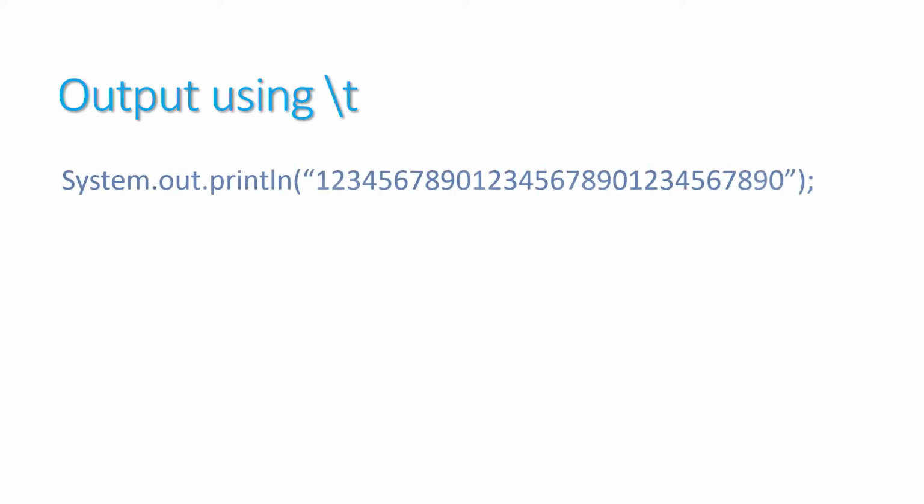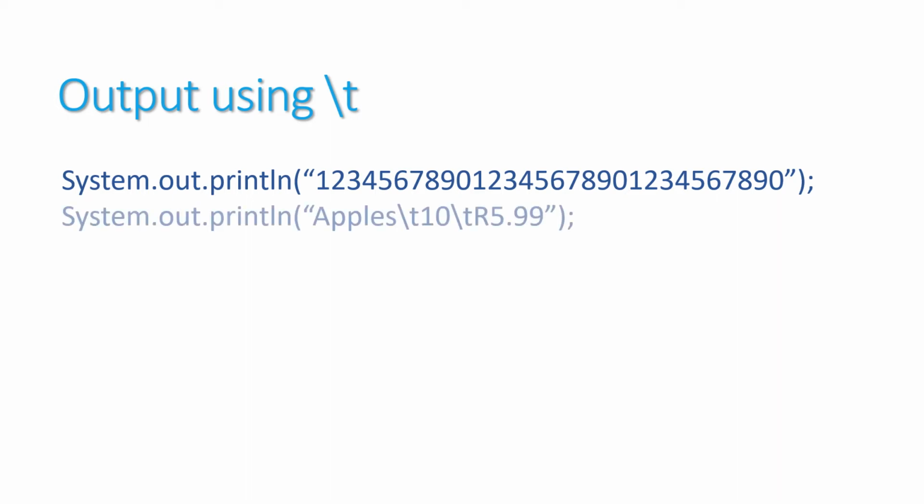Now, to do output using \t, this is going to give you tabs. I've tried to illustrate it here for you with the first line. I'm just going to print numbers so that we can know what column the data is being printed in. So we've got System.out.println apples \t 10 \t R5.99.